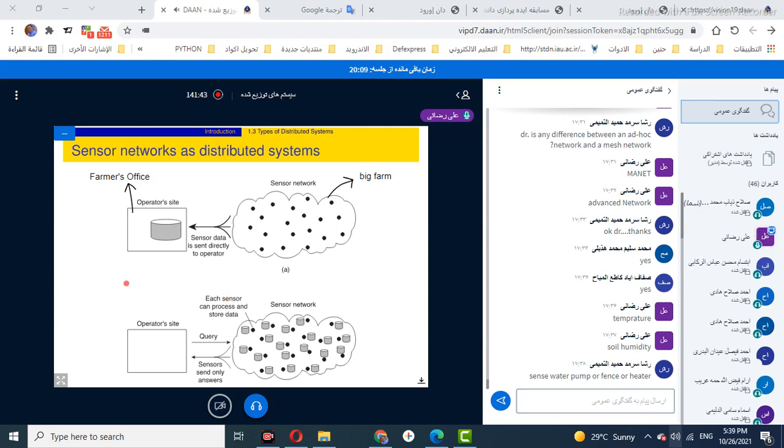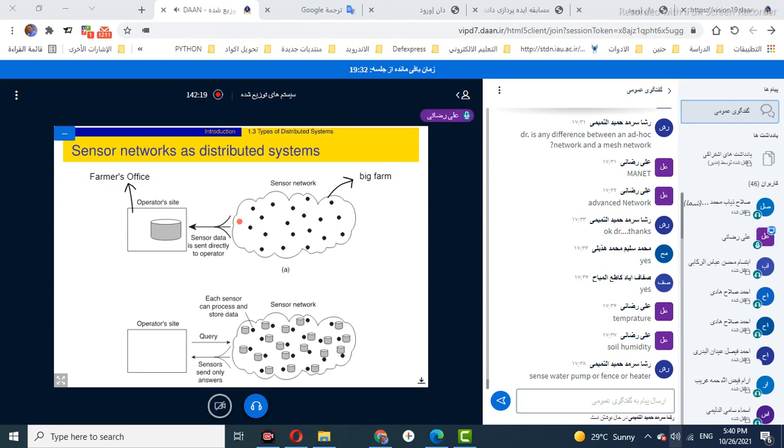This is a very simple usage of sensor networks. Also, you can say that this is not a big farm. You can consider this as a boundary between two countries, and this man here is a police officer or a military officer who wants to check the border. If some activity happens at the border, he can check it with his computer, and he doesn't need to check with bare eyes and put himself at risk.